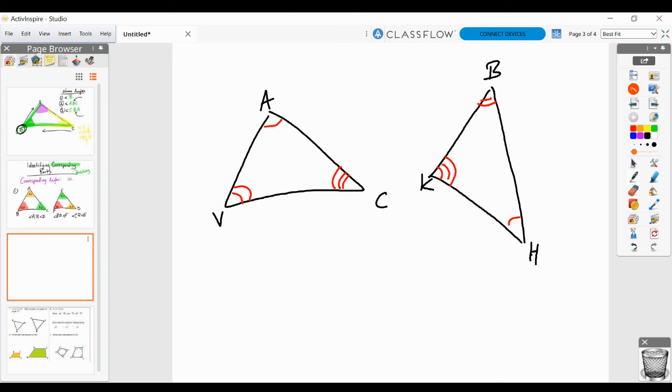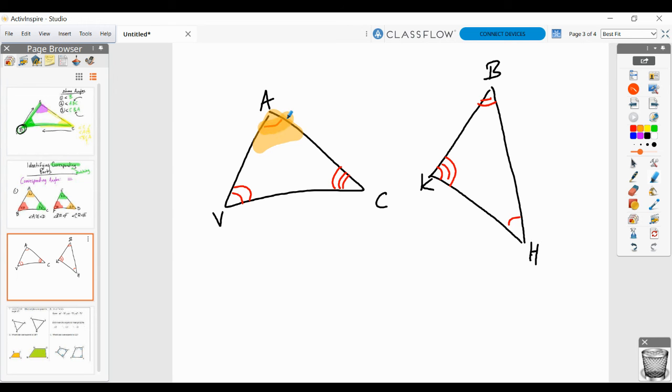And just like in the previous example when we were matching up numbers to numbers, we can do the same thing here. We can match up the number of arcs in the angle. So for example, this angle here has one arc going through it.